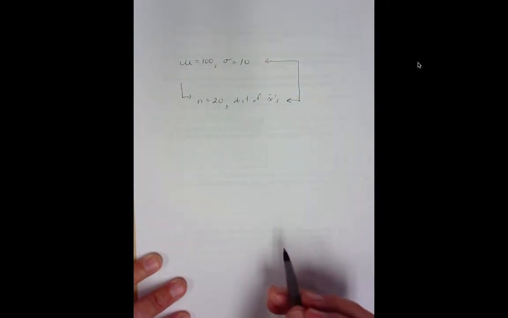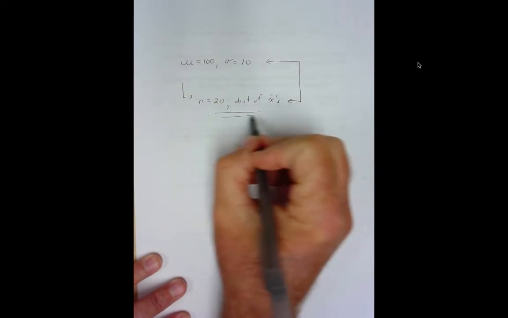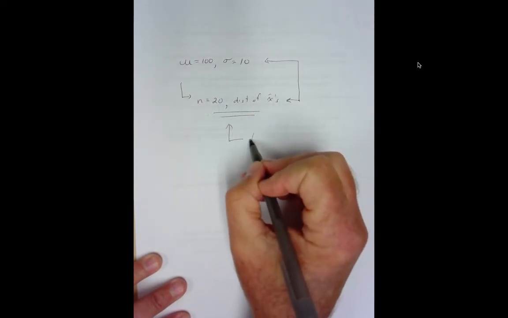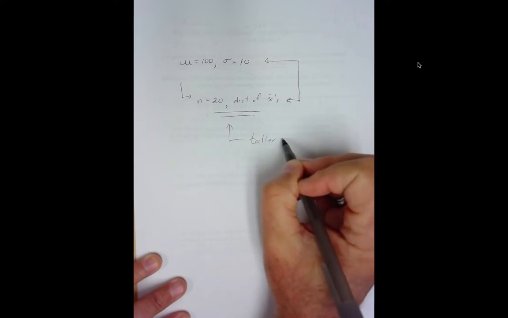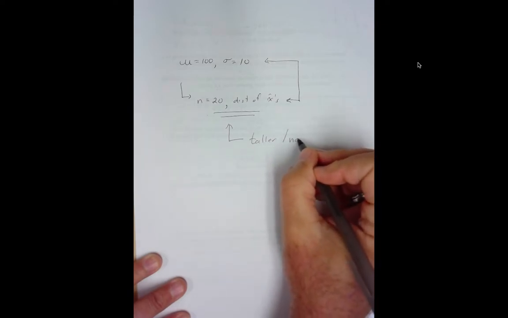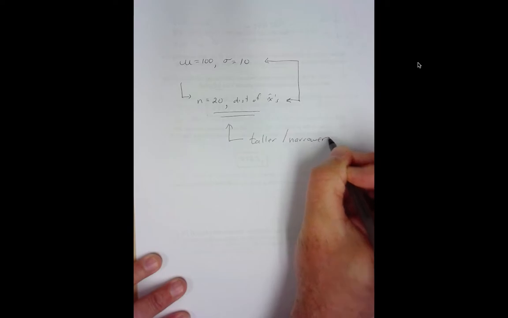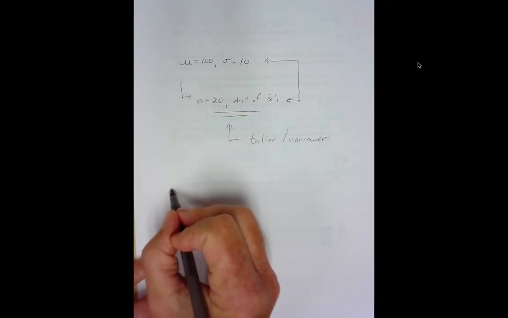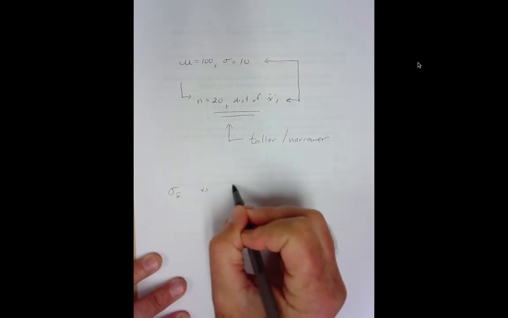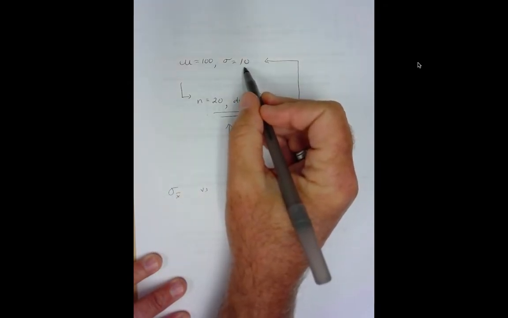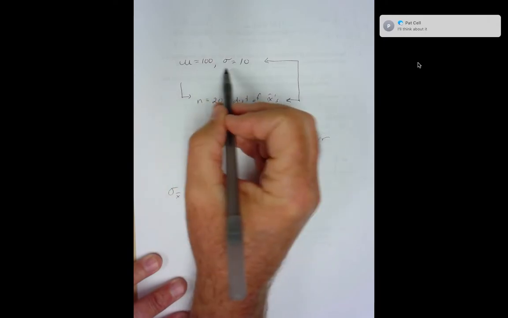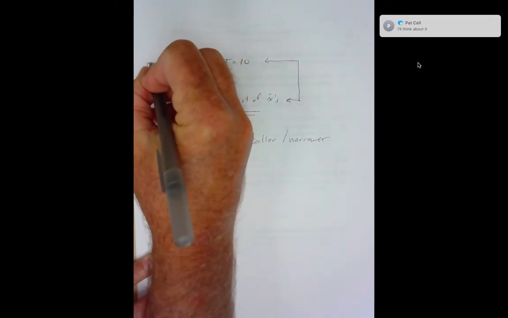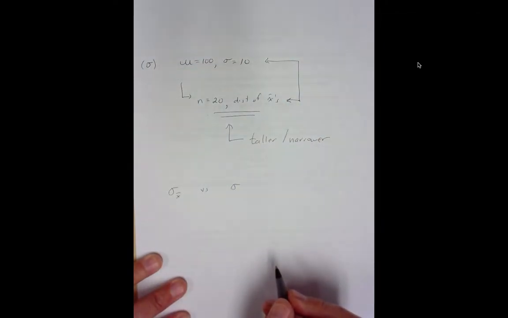Now, what did I tell you would happen? This distribution right here will be taller and narrower. Why? Because of the standard error versus the standard deviation. Up here, when we're talking about our parent population, we just talk about the standard deviation.